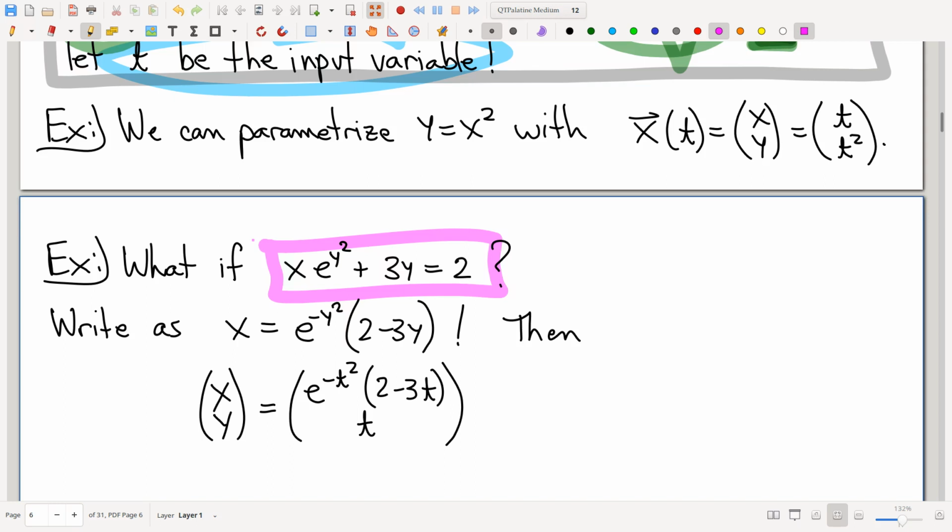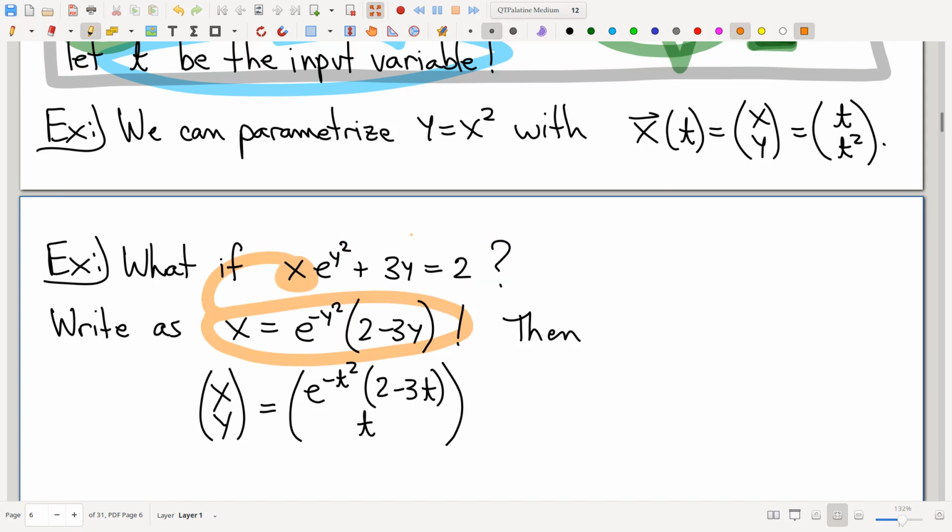It's not going to work. Okay, but remember, there's no particular law that says which variable you have to solve for. And in fact, it's quite easy to solve for x. And so even though it wasn't given as a graph, I can rewrite it as a graph. And now x, which is one of the variables, is a function of the other variable.